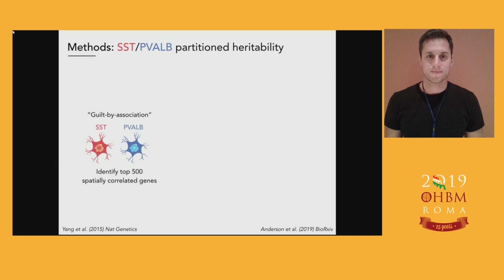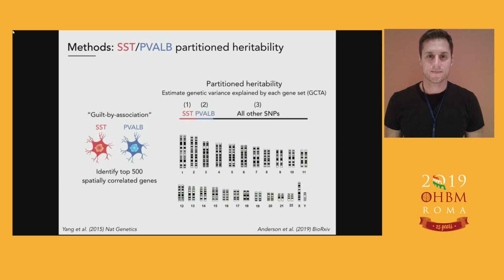Simply, we just identify those genes that are most spatially correlated to each one of these cell types. We then employ a method called partitioned heritability, which, simply put, identifies single nucleotide polymorphisms occurring within the somatostatin gene set, the parvalbumin gene set, and the rest of the genome.